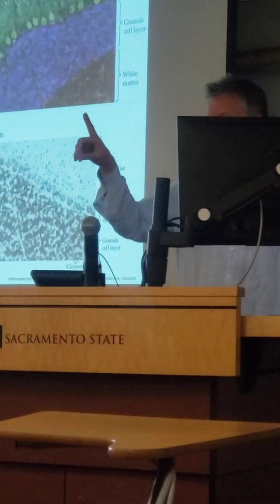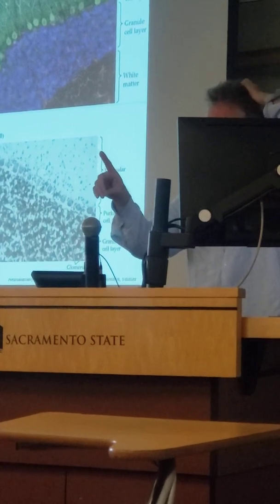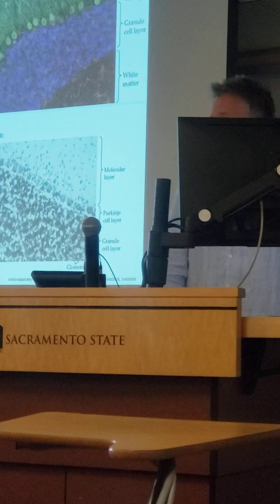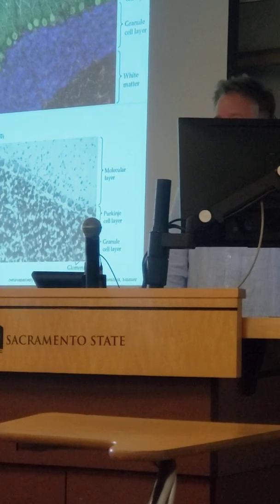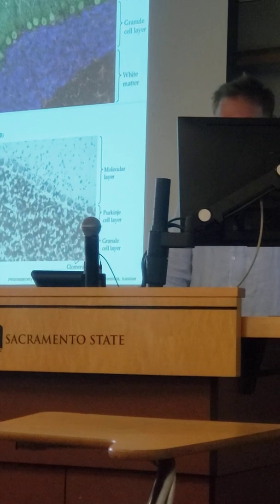One Purkinje cell is talking to 50,000 potentially granule cells. So do the math. If you've got 20 billion granule cells and 50,000 of them can talk to one Purkinje cell, it's just insane the amount of computation that can happen, right?